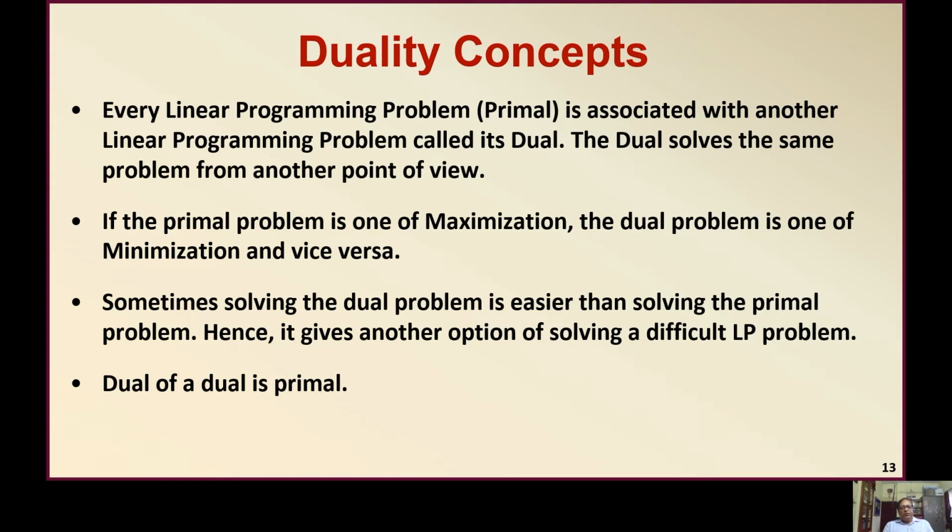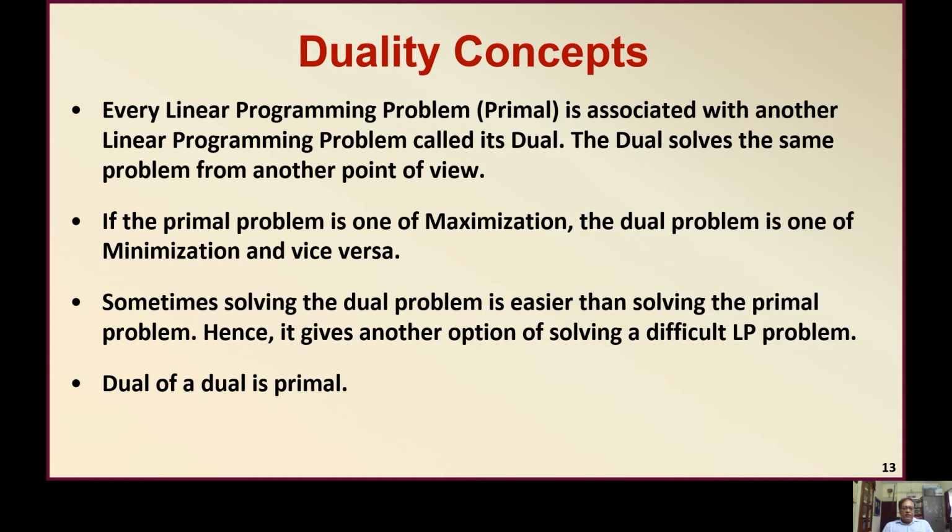Same problem, if you look at it from another point of view, let us assume that we are not going to make any chairs or tables, but we have those resources. Now, we want to give those resources in the market. How much are we going to get from those resources?